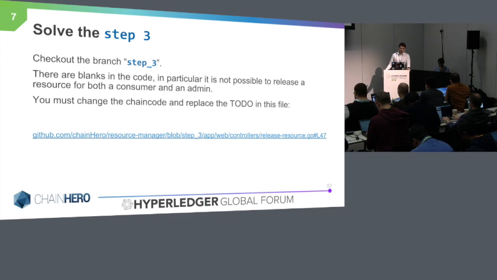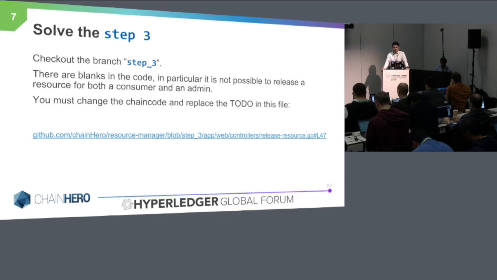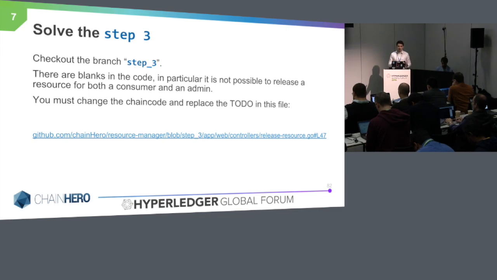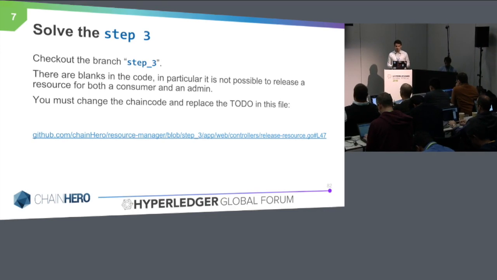There are blanks missing in the chain code, and also in the application, in the fabric folders, and also in the controller. It's the first time you go in these folders.